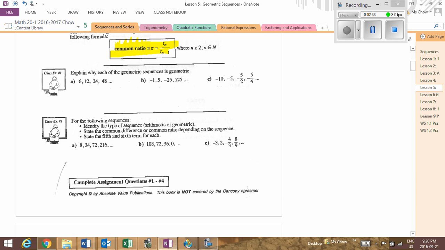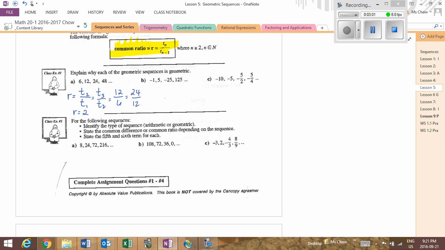If we wanted to prove it, then we're looking for T2 divided by T1 to be the same as T3 divided by T2, or 12 divided by 6 is the same as 24 divided by 12, and so for this first one, we know that r is equal to 2. You could probably have told me that without doing all of the work.